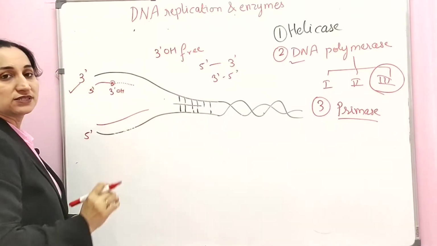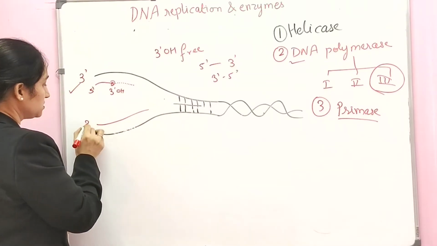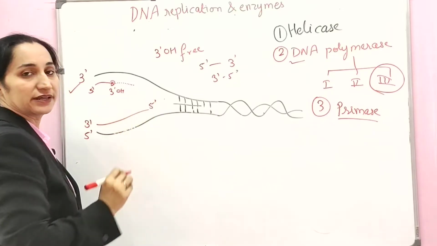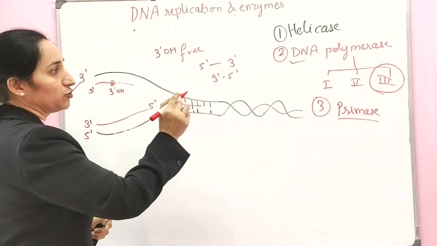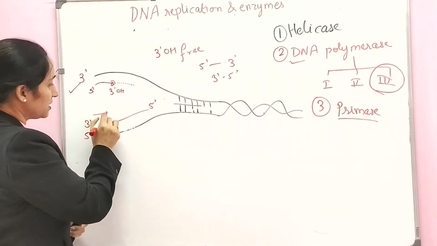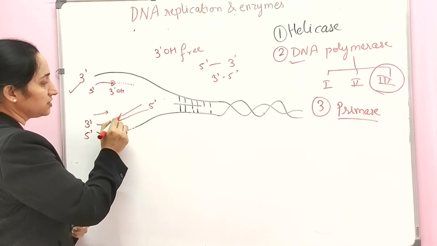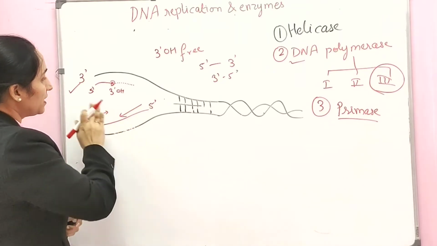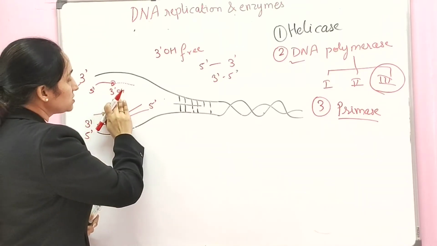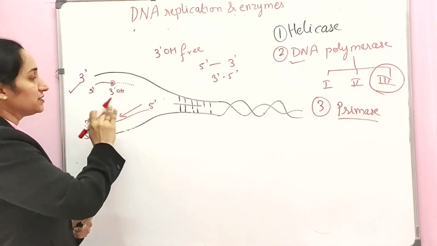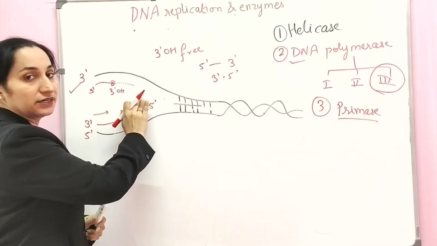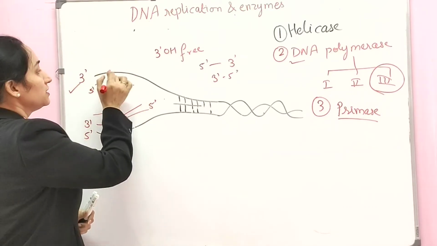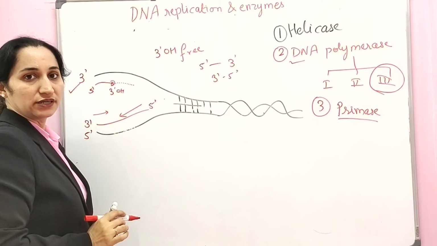Now what about this strand? This strand is in the 3-5 direction. Now DNA polymerase 3 cannot work in this direction. It needs to work in this direction. But as the fork is forming, or as the hydrogen bonds are breaking, simultaneously DNA polymerase 3 is working.